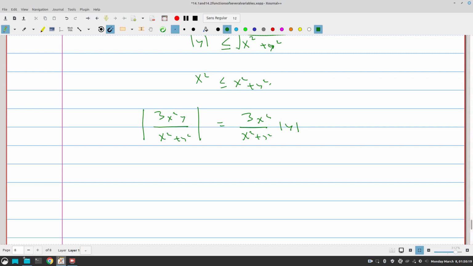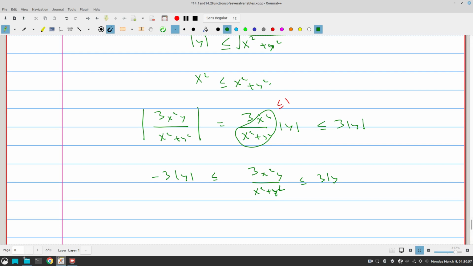Now x squared over x squared plus y squared has to be less than or equal to 1. This tells me that this is less than or equal to 3 times the modulus of y. If you get rid of the modulus signs, you end up with negative 3 modulus of y, less than or equal to 3 x squared y over x squared plus y squared, less than or equal to 3 modulus of y.